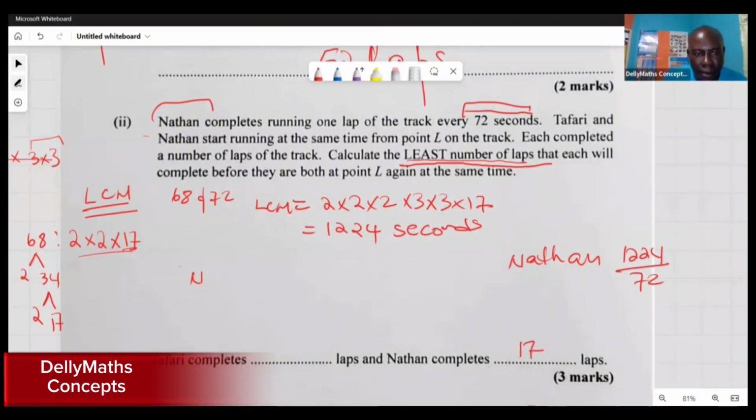And for Tafari, who is running 68 seconds per lap, we divide this by 68. 1,224 divided by 68, and I'm getting 18 laps. So when Tafari does 18 laps and Nathan does 17, they both will be exactly at L again. So the lowest common multiple was the principle that they used there.